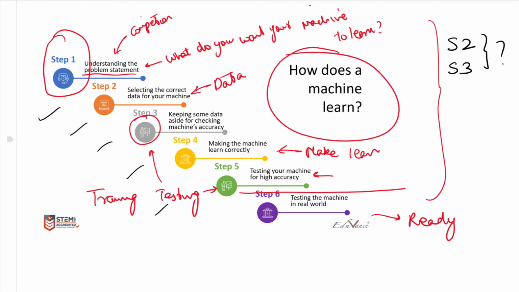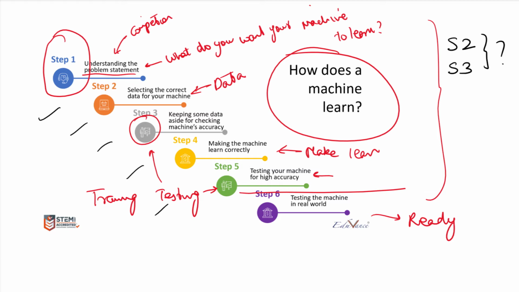So Jimmy had to prepare for the competition. Our step 2, the teacher was preparing the information or the practice problems for Jimmy. In this case, for machine, it was the data.